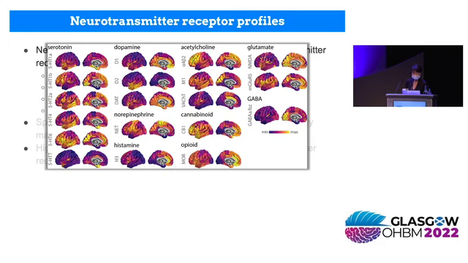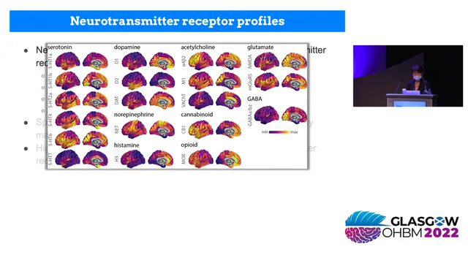This atlas includes 9 neurotransmitter systems, 19 receptors and transporters from 36 PET studies, including 1,200 participants. With this atlas, we are investigating if the domain-selective and domain-general regions from our study have distinct neurotransmitter receptor profiles compared to each other.